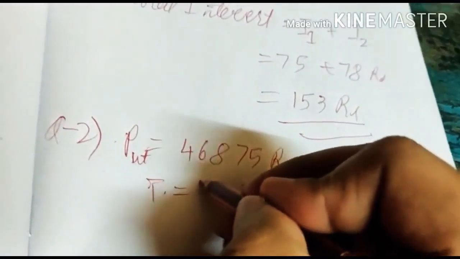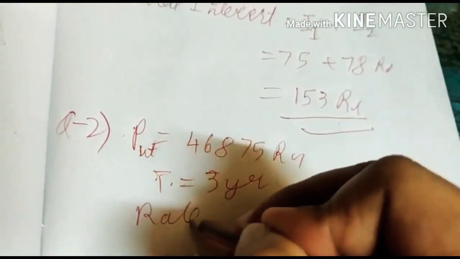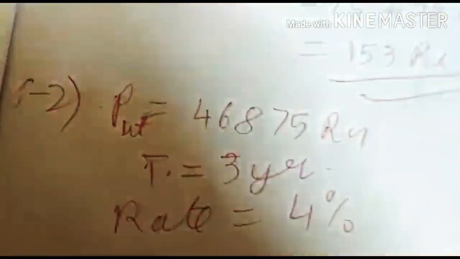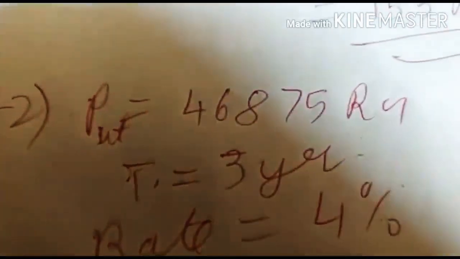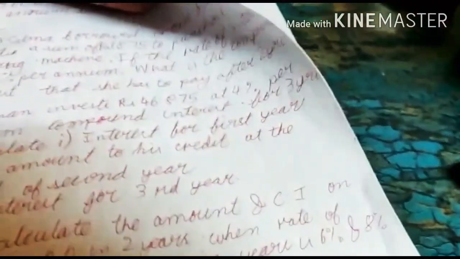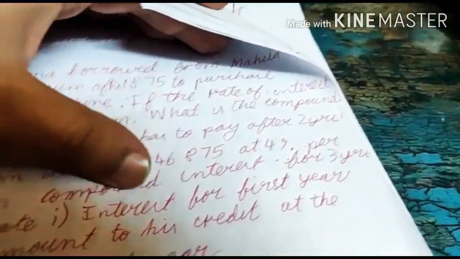Total time is 3 years. Rate is 4%. So it is compounded. It is compound interest. That is, we will find the interest per year, annual compound interest. Compound interest, that is, we will calculate per year.